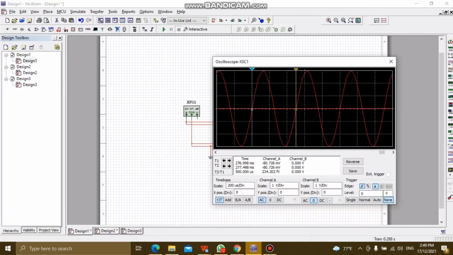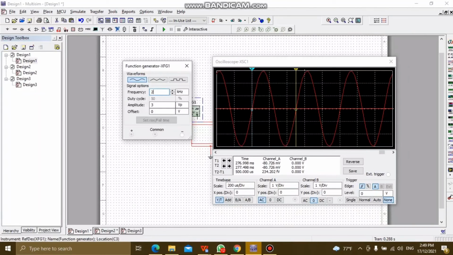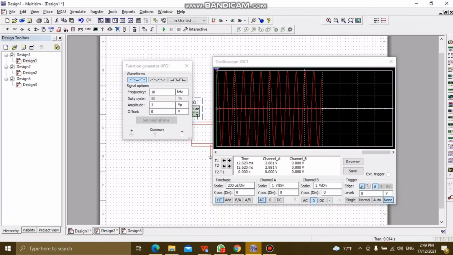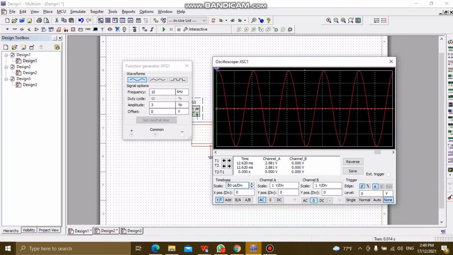Next, for the 10 kilohertz, we just change the frequency to 10 kilohertz and then play. We can adjust the scale here. The same method: 50 microseconds per div multiplied by 2, so we get 100 microseconds.